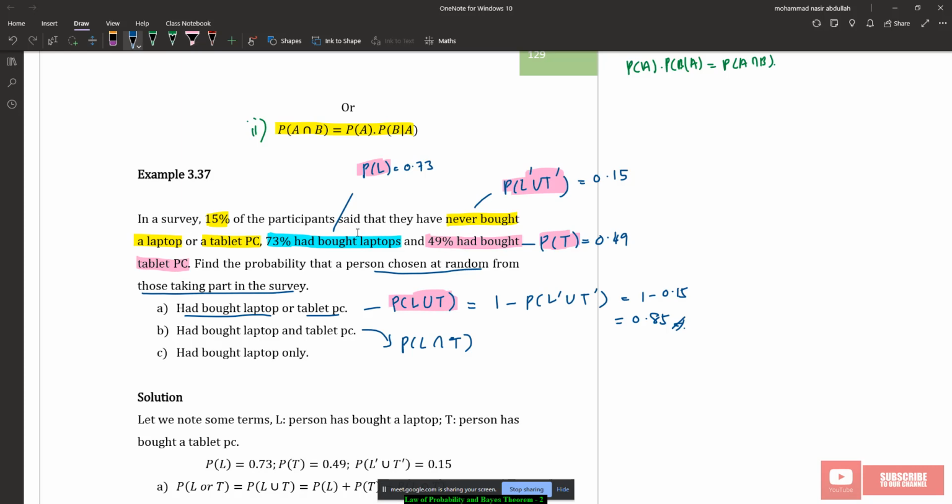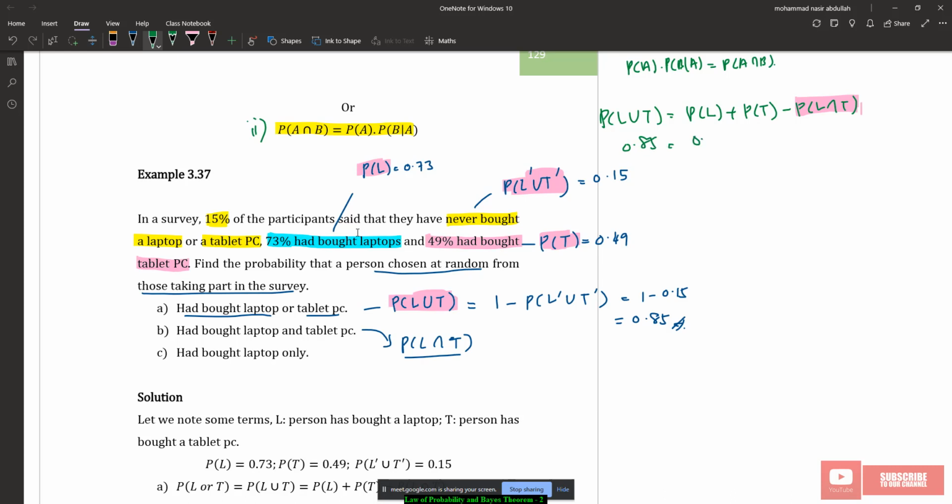Since we want to find probability of L intersect T, we will use this formula. Probability of L union T is equal to probability of L plus probability of T minus probability of L intersect T. So dekat sini, this is what we want, right? Probability of L union T is equal to 0.85.